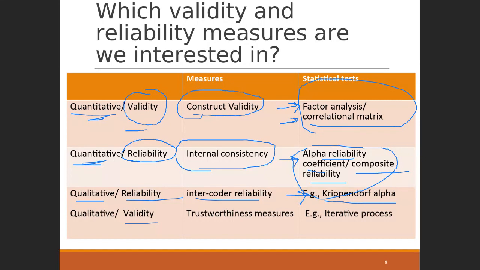Okay. In qualitative research, validity can also be established through trustworthiness measures. For instance, one such method is iterative analysis, which involves repeated sampling, collection of data, and analysis of data until no new information is discoverable from data.